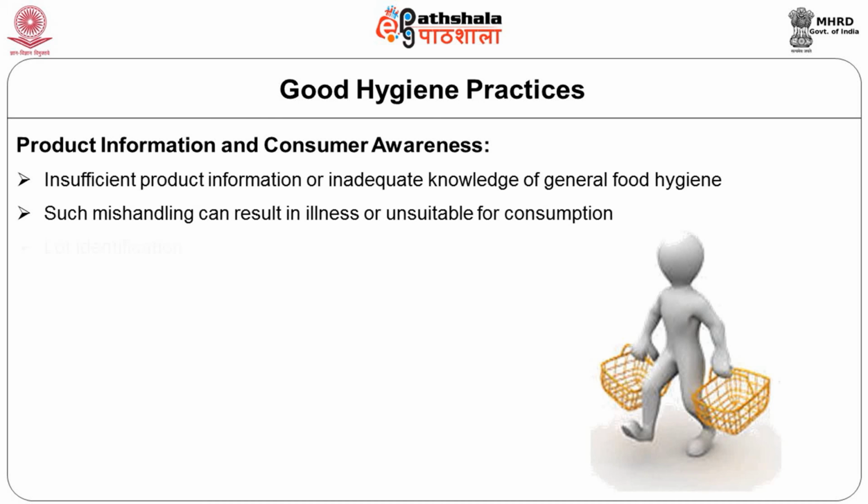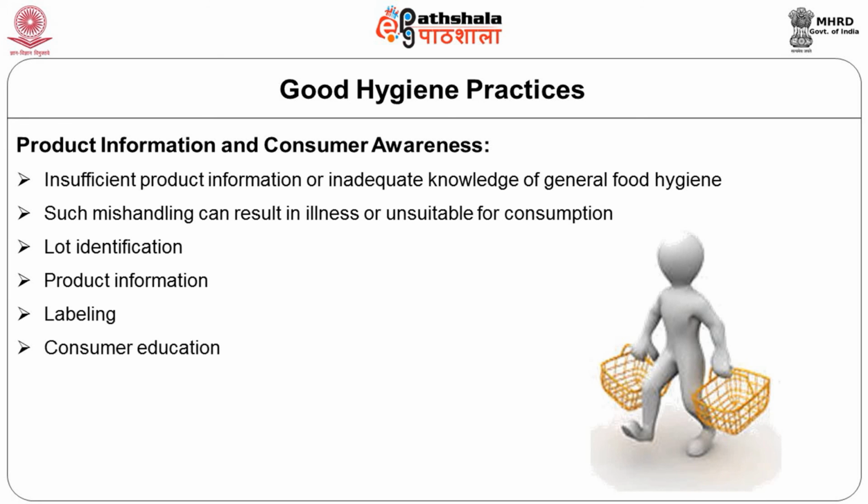Such mishandling can result in illness or products becoming unsuitable for consumption. So product information has to be very clear on what has to be done with that product, otherwise there is every chance that it is mishandled. So there should be lot identification, product information, labeling, and consumer education as well.